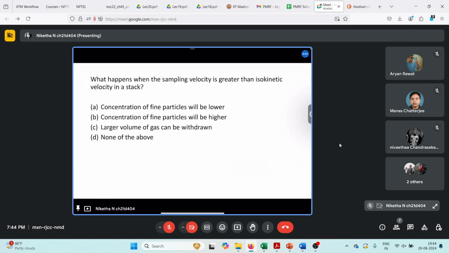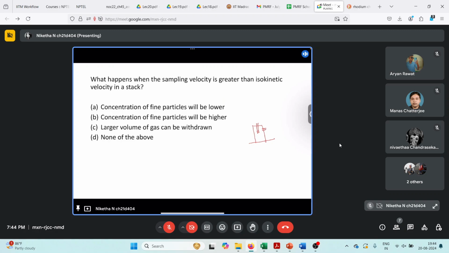Next question. What happens when the sampling velocity is greater than isokinetic velocity in a stack? First, can you tell me what is isokinetic velocity and what is the sampling velocity? So here if you have a stack and the gases are coming out at a certain velocity, and here you have your sampling vent.